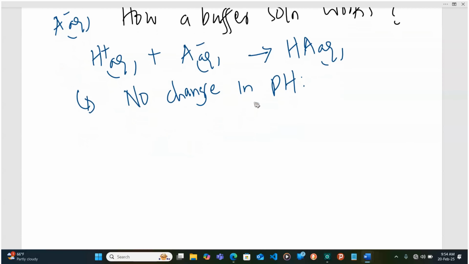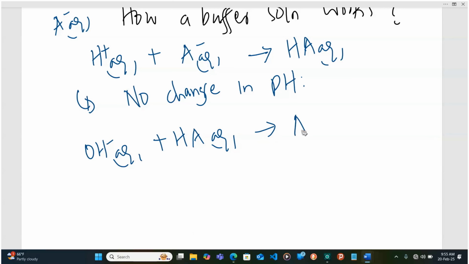Now, when a small amount of base is added, for example hydroxide ions, the conjugate weak acid part of the buffer solution will neutralize the hydroxide ions. So we are adding HA, and this is going to form A- and water. You realize that you added the hydroxide ion and you expected the pH to rise.